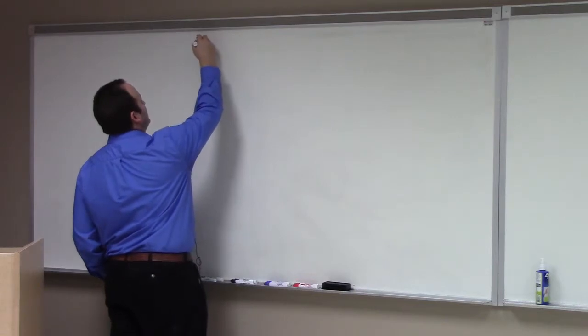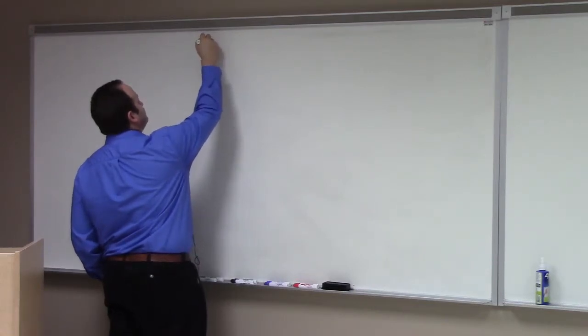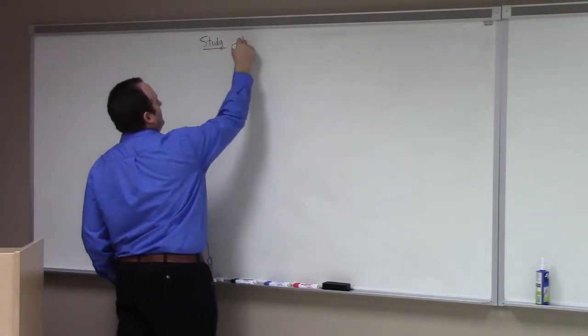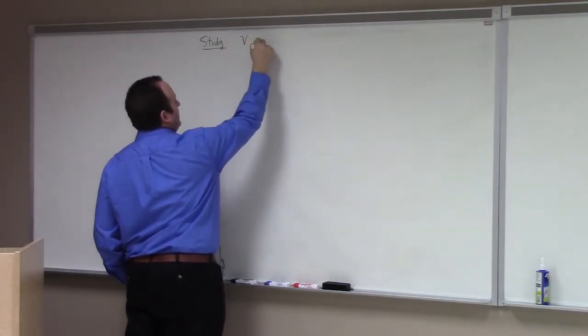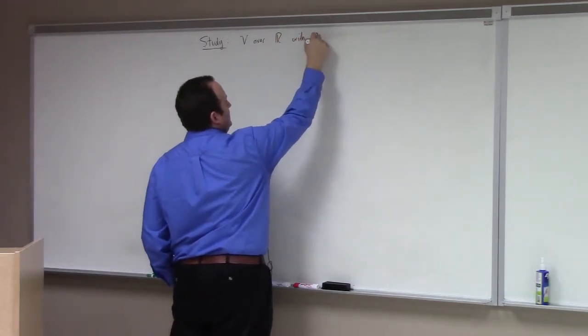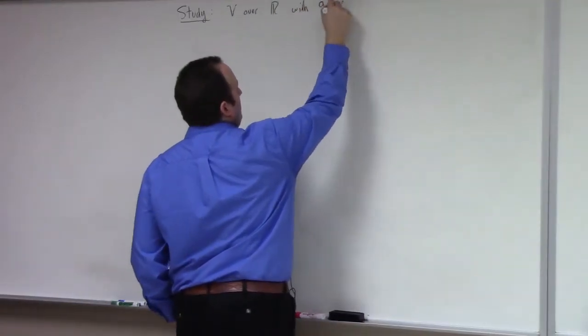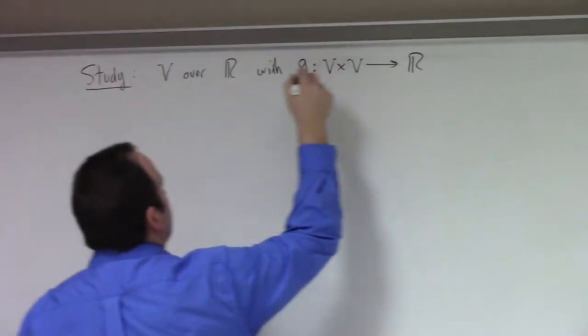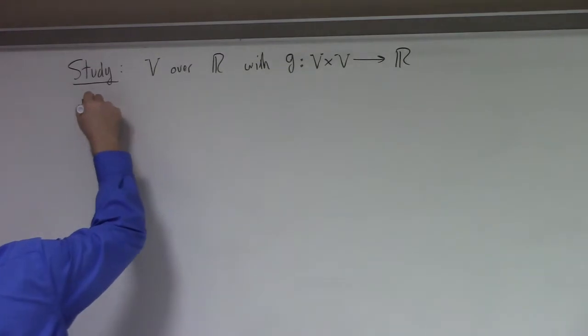So here's the context. We're going to study a vector space V over the reals with G, a mapping from V cross V to the reals, which is what?